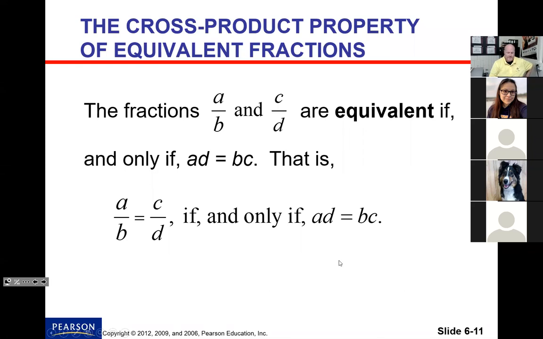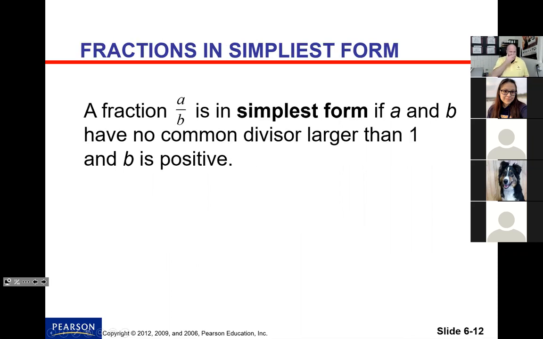Now, reducing fractions. Every time we talk about fractions, we often try to put them in their lowest form, or simplest form. So here we have 28 over 48. That's not in lowest form.